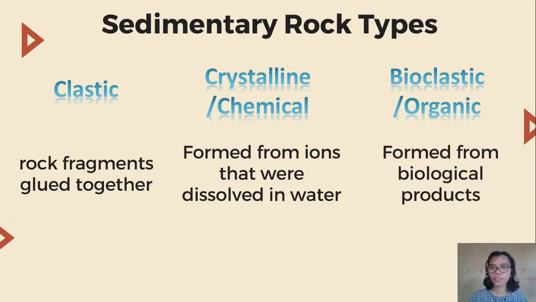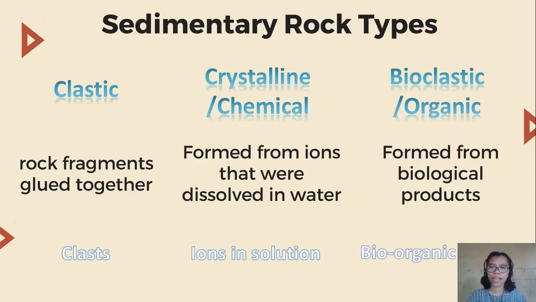Next, we have the bioclastic organic. So rocks form from biological products. So things that died and solidified together over time. So coal and limestones are great examples. So clastic, clast, and crystalline chemical ions in solution, and bioclastic is bioorganic.